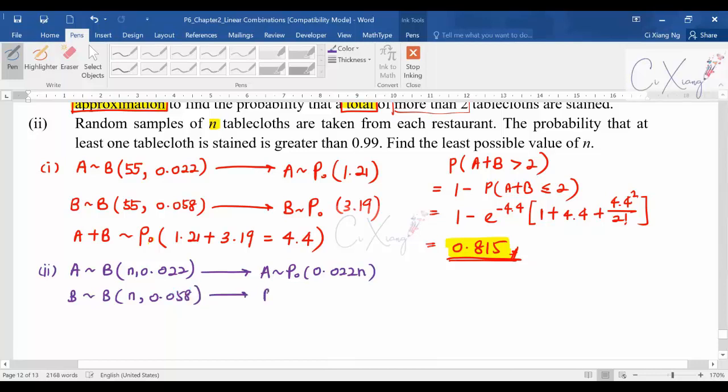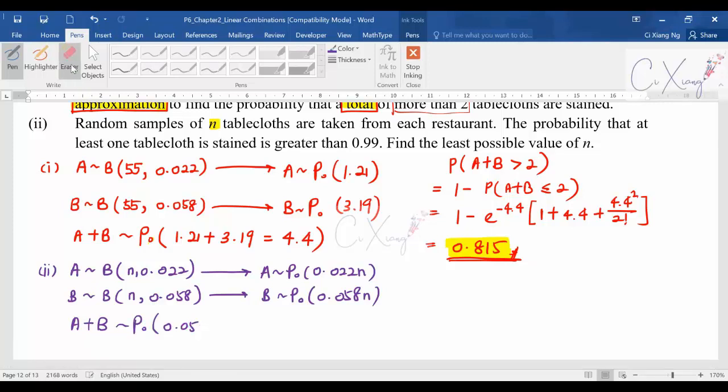When you change to Poisson, it will become 0.058n. Now, they didn't specify whether the tablecloth is from A or B, therefore you just need to combine them together. It is still Poisson distributed. You add them together, 0.022 and 0.058, and I think you should have 0.08.